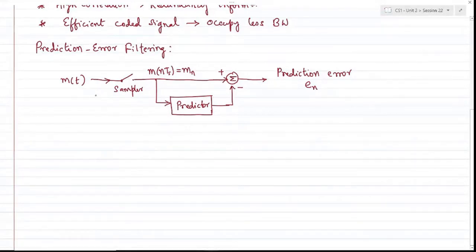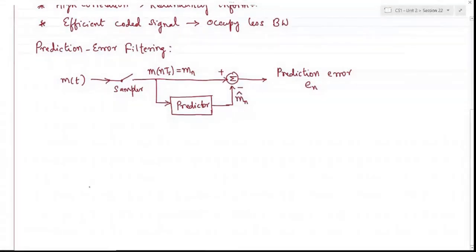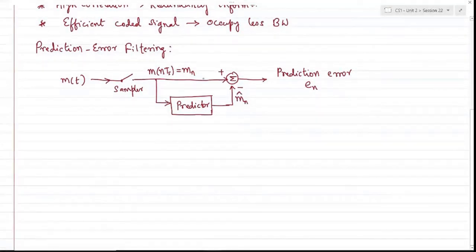So we take the analog signal and pass it through a sampler. Each sample is passed through a predictor, whose output is denoted as m n hat. The difference between m n and m n hat is nothing but the prediction error.